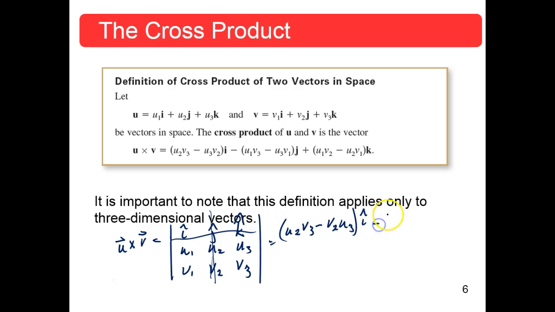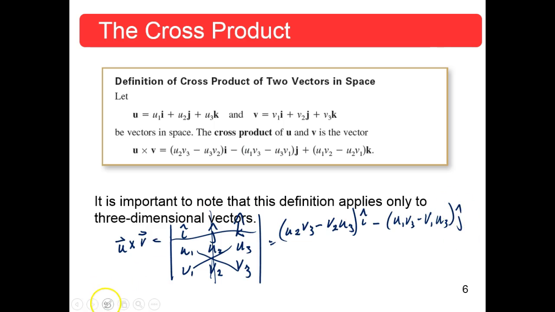Negative. So we're going to put a minus here and do the determinant of this 2 by 2, U1 V3 minus V1 U3, or you could do it U3 V1, it doesn't matter, times J.